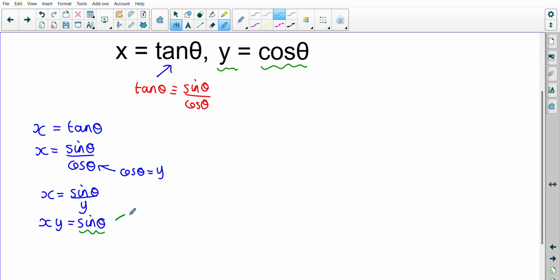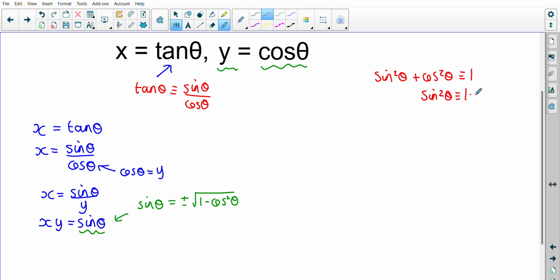So just to be clear, sine theta equals plus or minus the square root of 1 minus cos squared theta. Where's that come from? If I write the other identity up here, rearrange, and I've just square rooted both sides. So I will write xy equals plus or minus the square root of 1 minus cos squared theta.